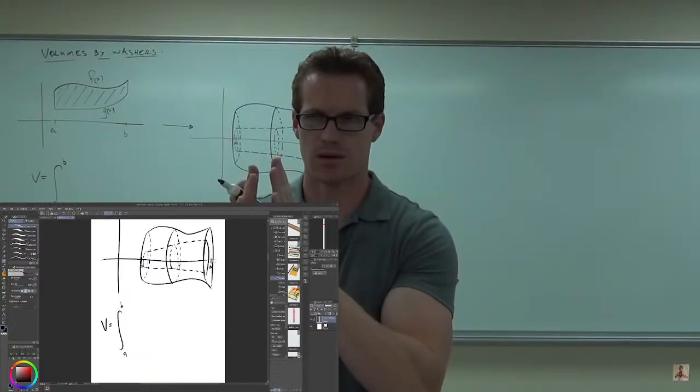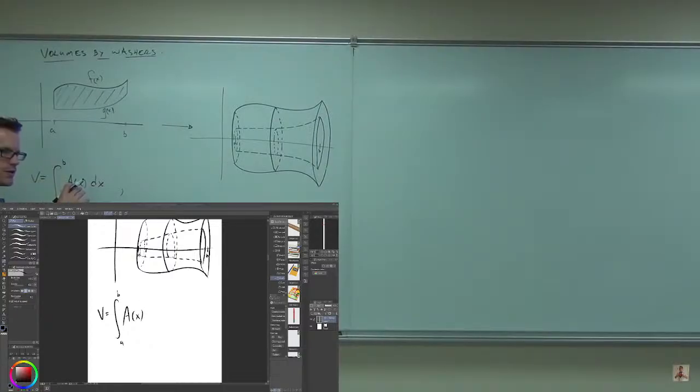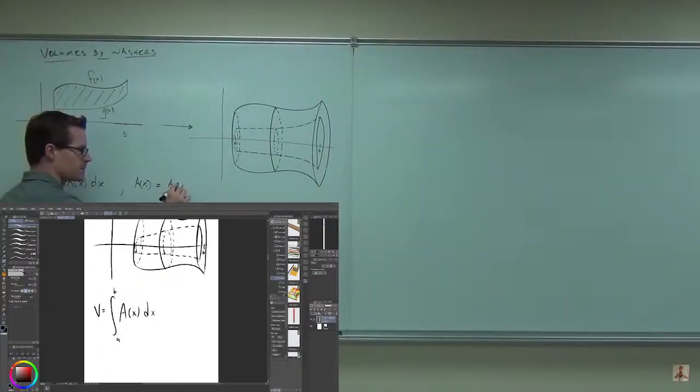Remember that? We integrated the surface area of our cross section from A to B. That was basically it. So we still have this idea. Integrate from A to B the function a of x dx, where a of x is the area of the cross section.